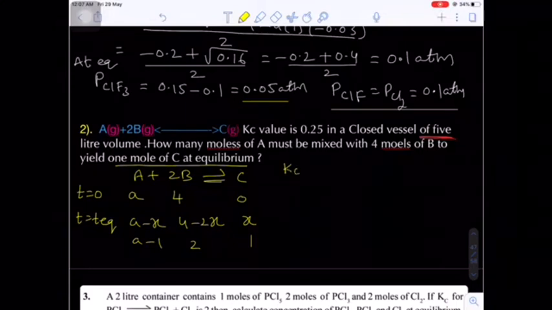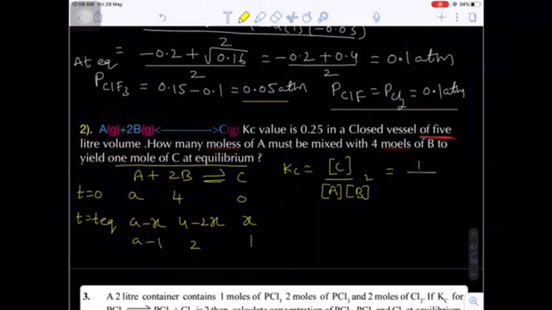Now what is the Kc expression here? Concentration of C whole divided by concentration of A into concentration of B whole square. What is the concentration of C? That is 1, whole divided by, remember, the volume of the container is very important. How many liters is the container? 5 liters.